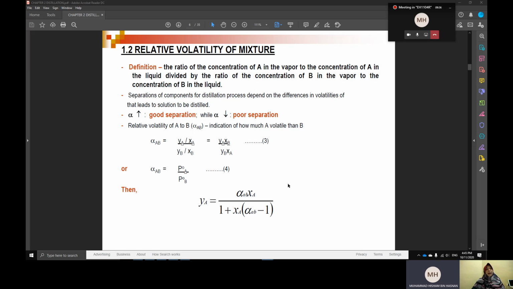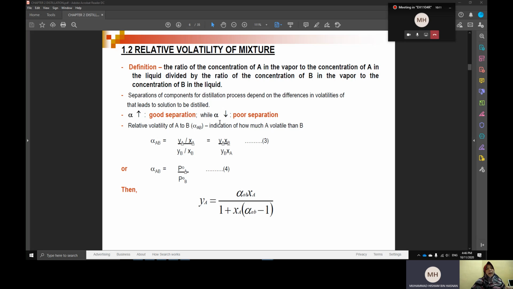All right. So why do we need this? Separation of components in a distillation process depends on the differences in the volatilities of the components in the solution to be distilled. You are looking for an alpha value greater than 1. If you have greater than 1, you're going to have good separation using a distillation column.